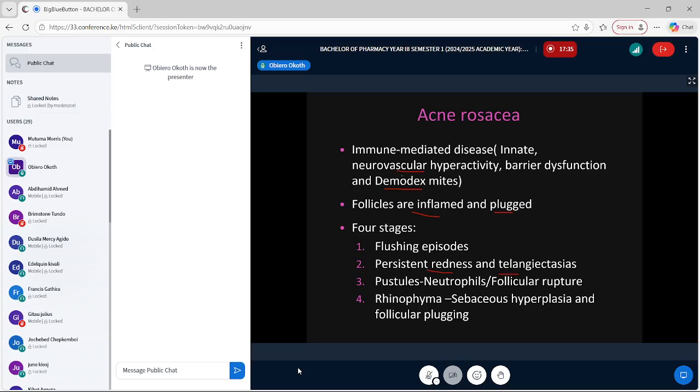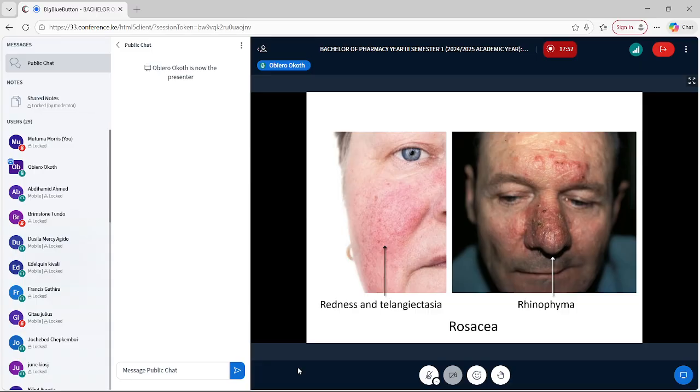They have persistent redness, again due to neurovascular hyperactivity. They have pustules when there are neutrophils and follicular rupture, and then the skin of the nose becomes thick, normally something we call rhinophyma.